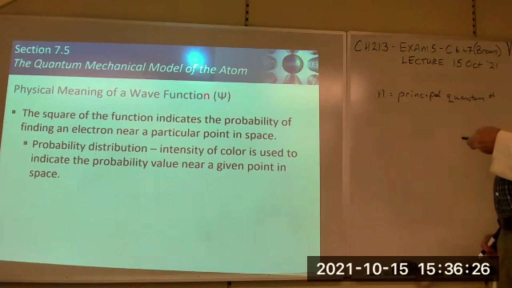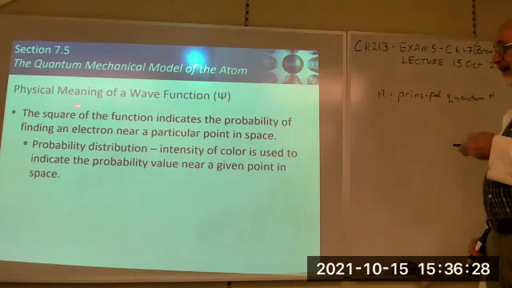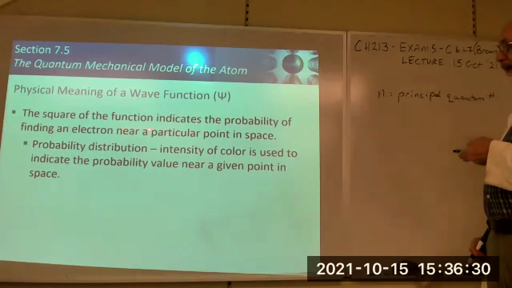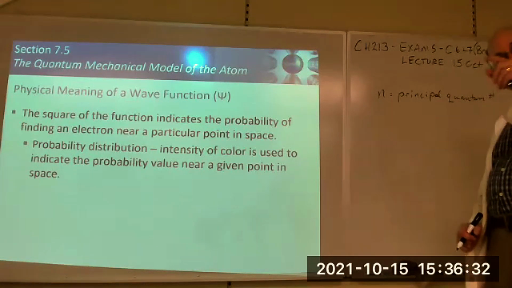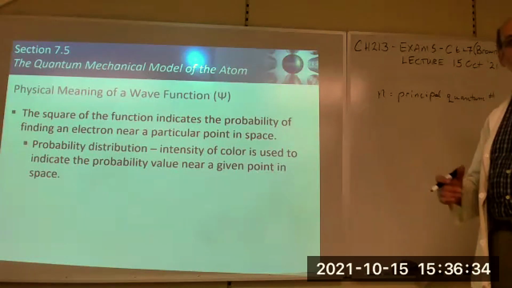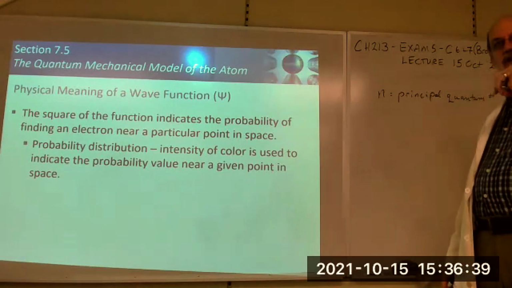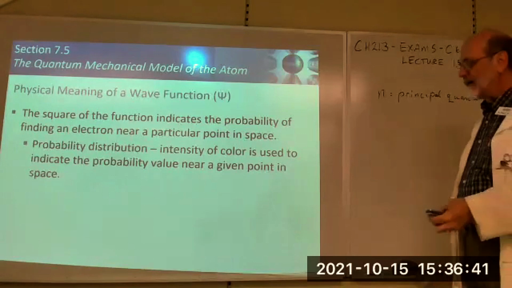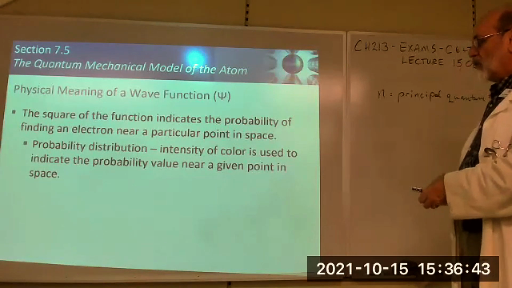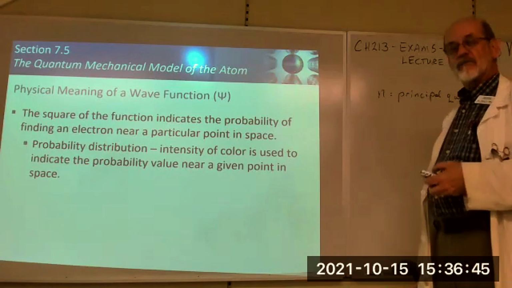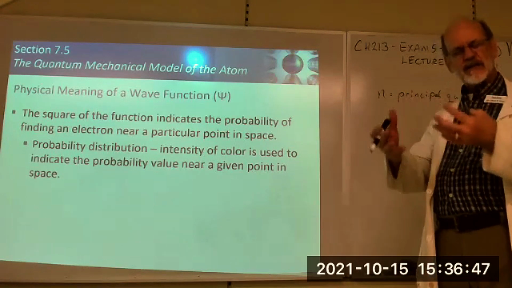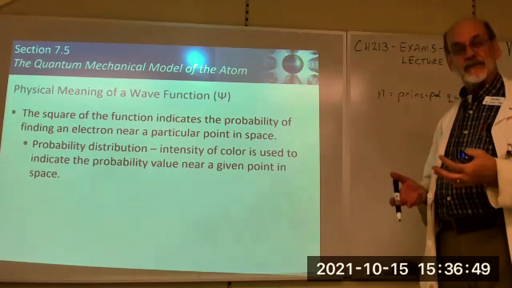And if we square that function, then that indicates a probability of finding an electron near a particular point in space, right? It's all probability. It doesn't say absolutely the electron will be there. It says it's most likely to be there. And with this information, we can draw a probability distribution for electrons around an atom.